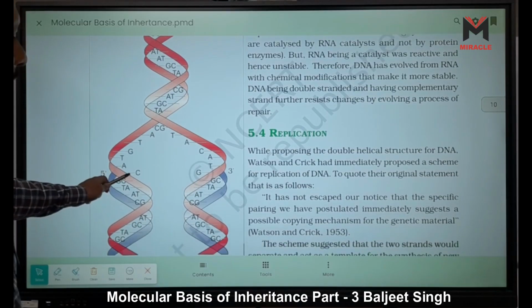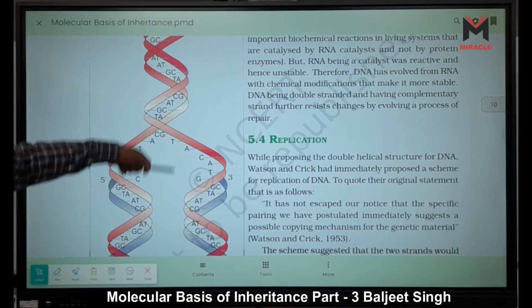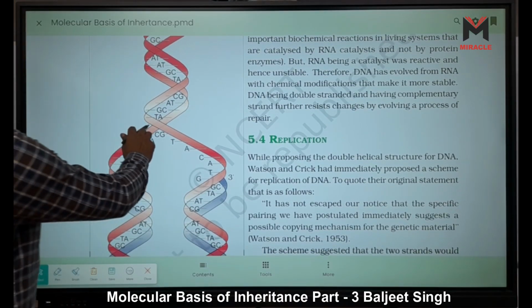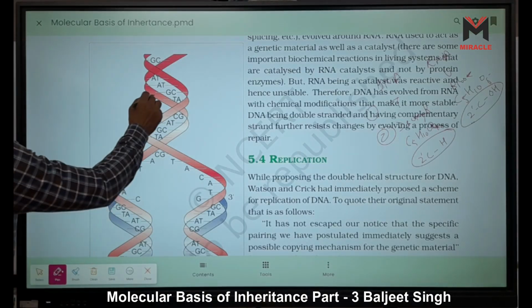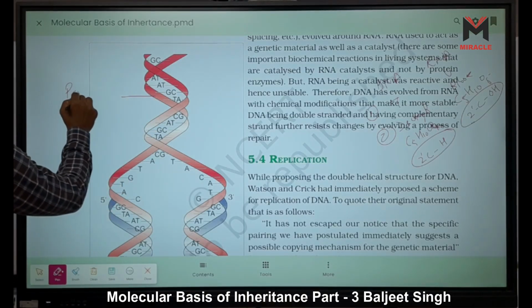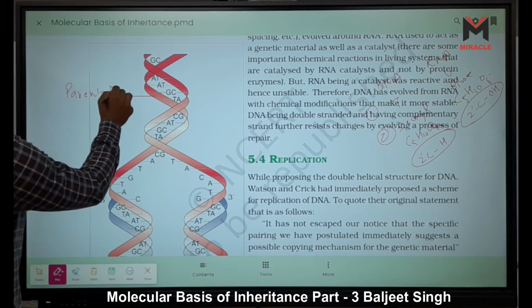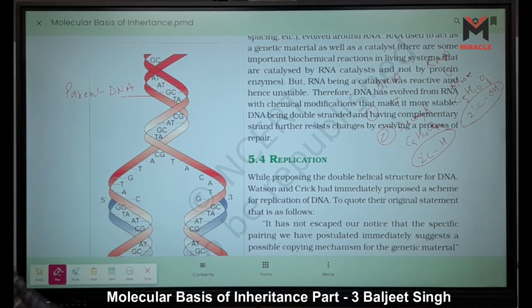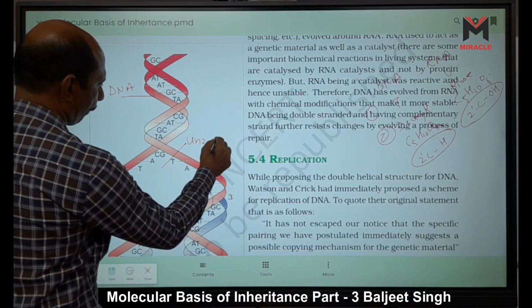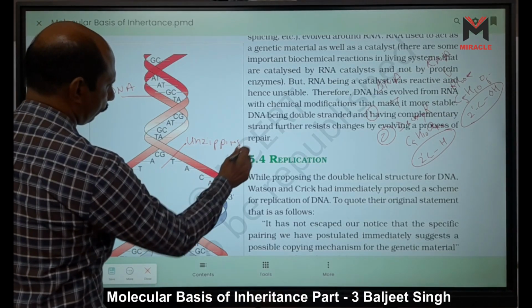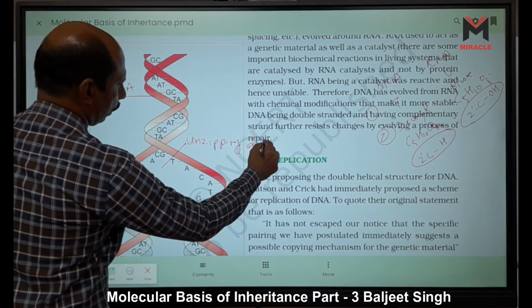You can see here in this diagram, this is the parental DNA. Now, this strand is separated. This is unzipping of DNA.